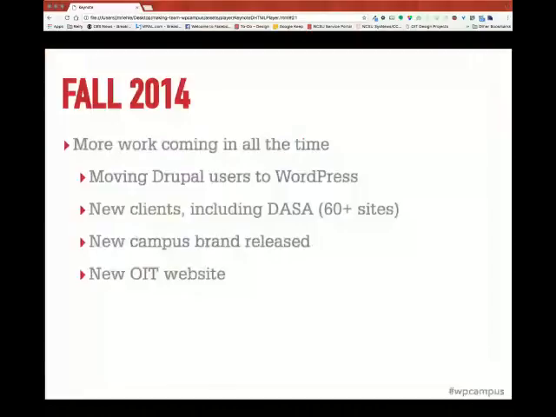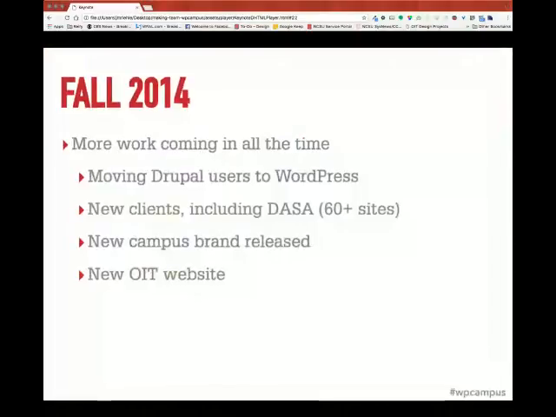So as we're going through that fall, we're pushing our Drupal users into WordPress, trying to consolidate things. We had a bunch of new clients coming in, including our DASA environment. So DASA was coming from a whole disparate set of different environments, and we were moving them into one single multi-site with a single theme, and that was obviously a major project.